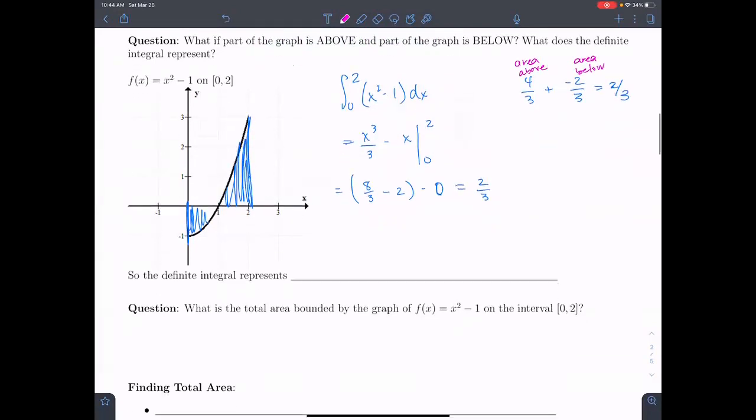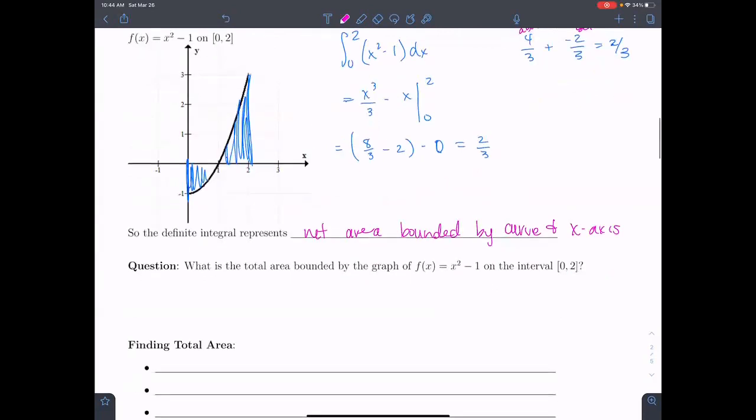So the definite integral represents the net area bounded by the curve and the x-axis. You can think about it as taking away some of this area: the bigger stuff minus the smaller stuff. That's why it's getting smaller, because it's adding that negative area.